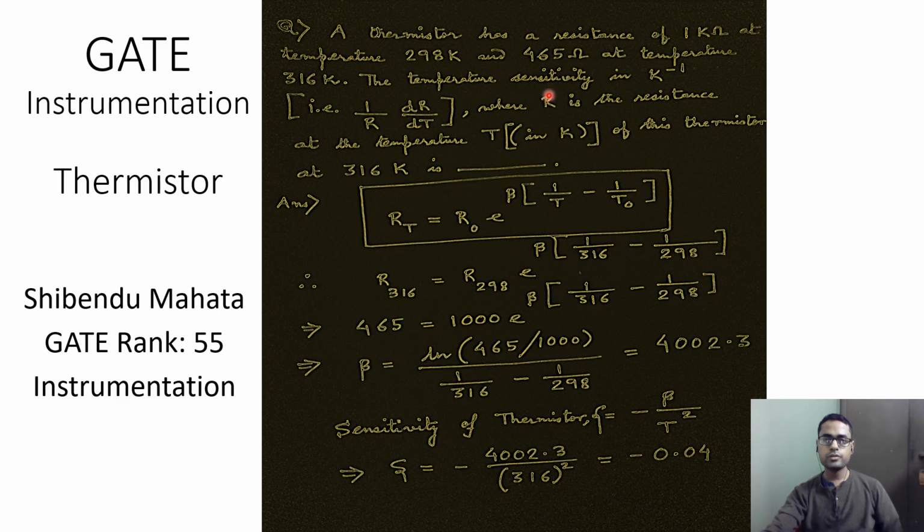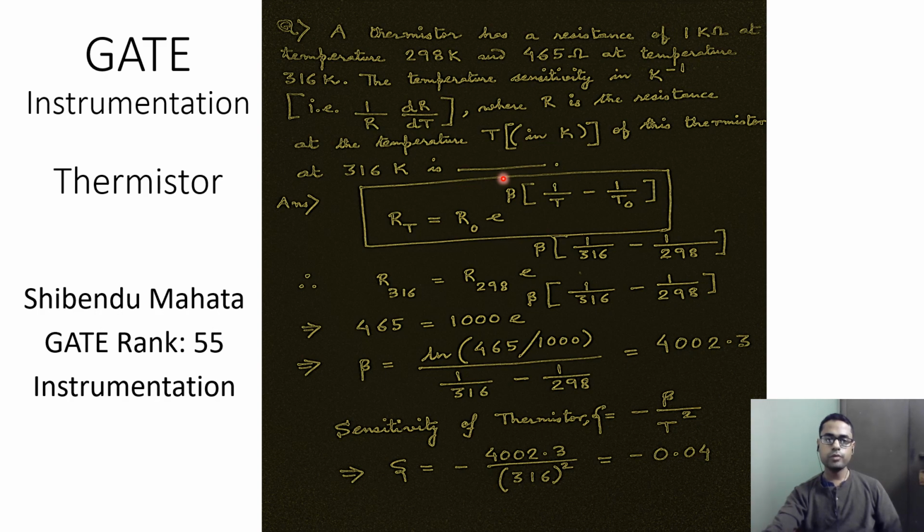A thermistor has a resistance of 1 kilo ohm at temperature 298 Kelvin and 465 ohms at temperature 316 Kelvin. The temperature sensitivity in Kelvin inverse, that is 1 by R dR/dT, where R is the resistance at the temperature T in Kelvin of this thermistor at 316 Kelvin, is dash.